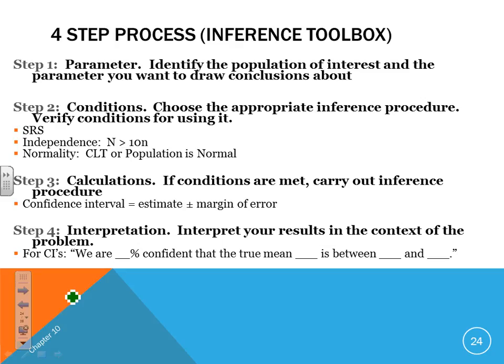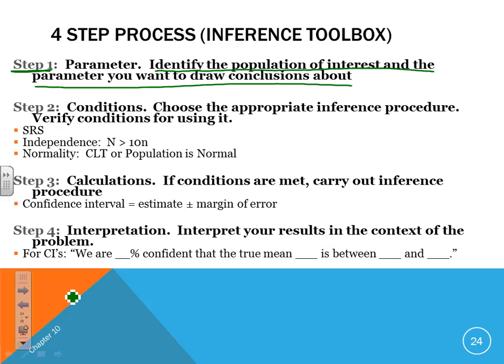The very first thing we do, and we go ahead and number it just to keep ourselves organized, step 1, you state your parameter, which means you identify the population of interest and the parameter you want to draw conclusions about. So basically we say we are trying to estimate the true mean blank of blank, or from blank, okay? That tells us what the variable of interest is and what the population is that we're drawing this sample from.